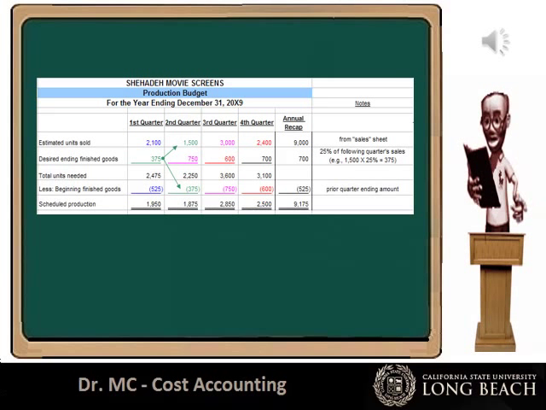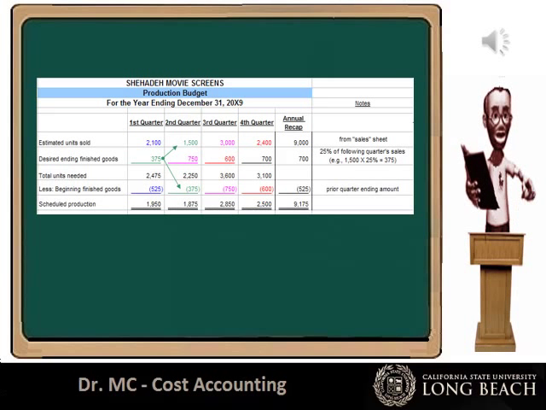If you add these two numbers of units together, you will have the number of units that your firm will need in a given quarter. Now you can subtract the units that your firm already has when the quarter starts. This is the beginning inventory for that quarter. What you have left is the number of units that your firm will need that it doesn't already have. These are the units that it must produce during that quarter.